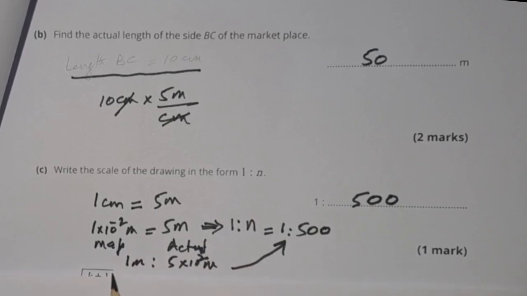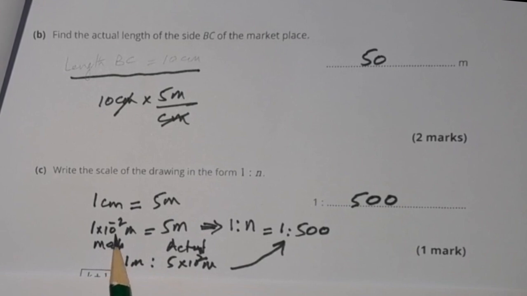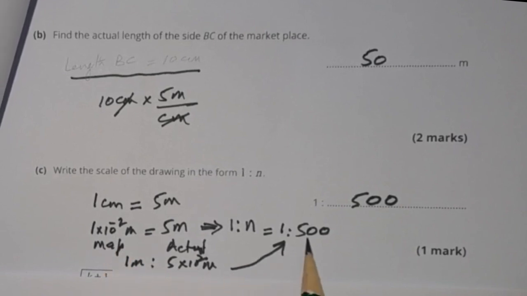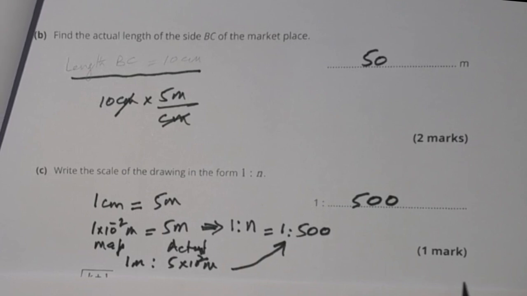So this becomes 1 meter, and that becomes 5 into 10 to the power minus 2, 10 to the power plus 2, because it was minus 2 on this side, it will be plus 2 on the other side. So it becomes 1:n becomes 1:500, and here you write 500 and get 1 mark.